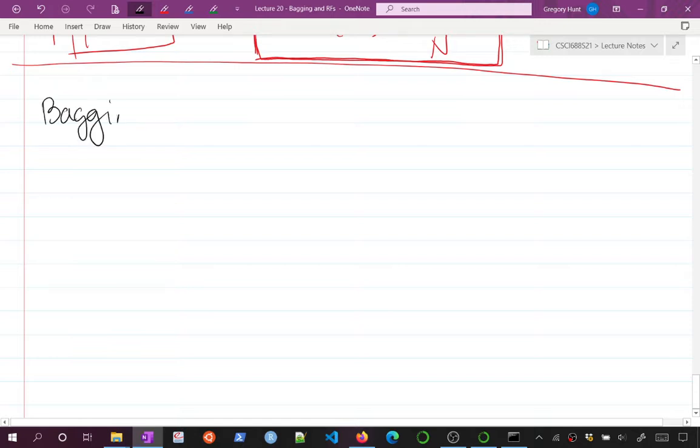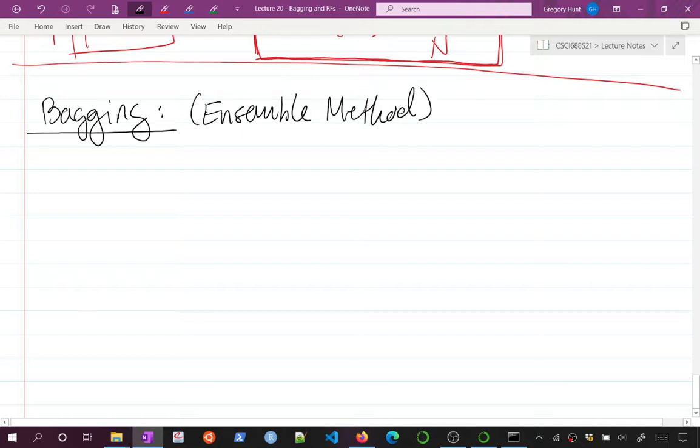And this method is called bagging, and this is an ensemble method, which means we're going to be combining in an ensemble together multiple learning methods.